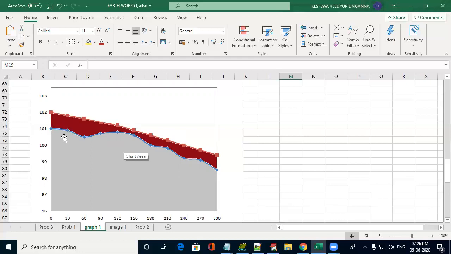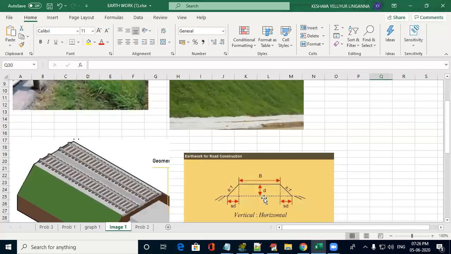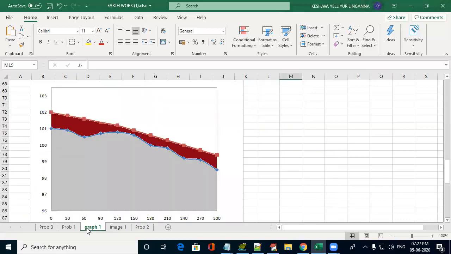I can show you here. Here the D value is 0.95, and BDM plus SD square is this trapezoidal area. At which point? At this point. Now, that cross-sectional area multiplied by this difference, that is 30 meters, will give the volume of earthwork that is filling only up to this point.